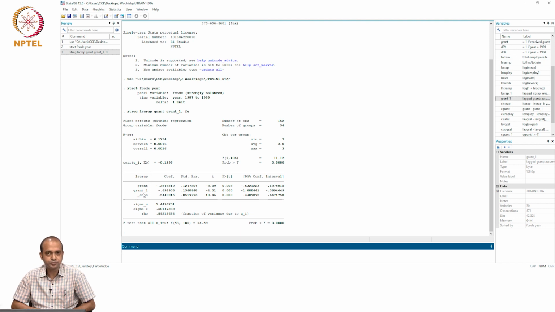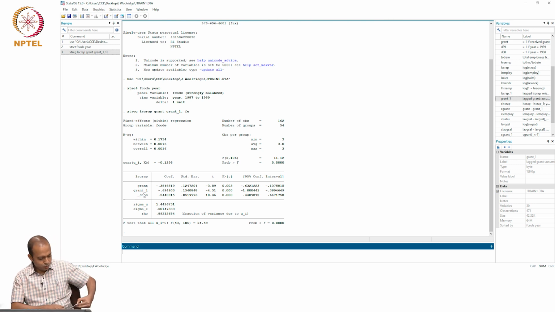What does it mean? It means either Stata is committing some mistake or we are making some mistake in our theoretical structure. But our theoretical structure is very clear, there is no scope for any mistake there.